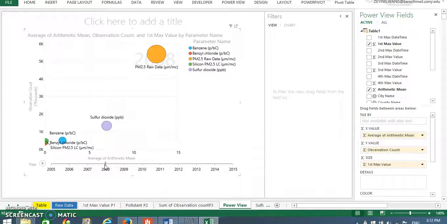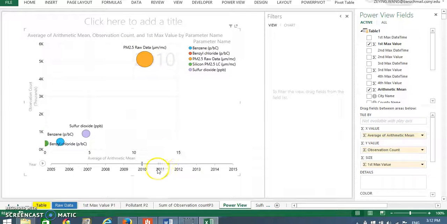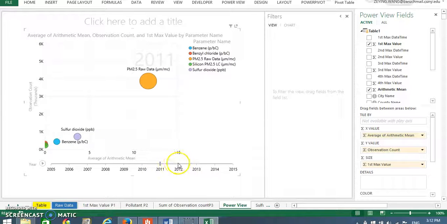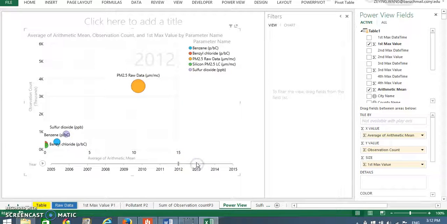At that period, the air quality of New York City is becoming worse. And after 2008, the size of the bubble starts shrinking slowly and moving down, showing the improvement of the air quality. And then we can analyze the rest of the data as well.